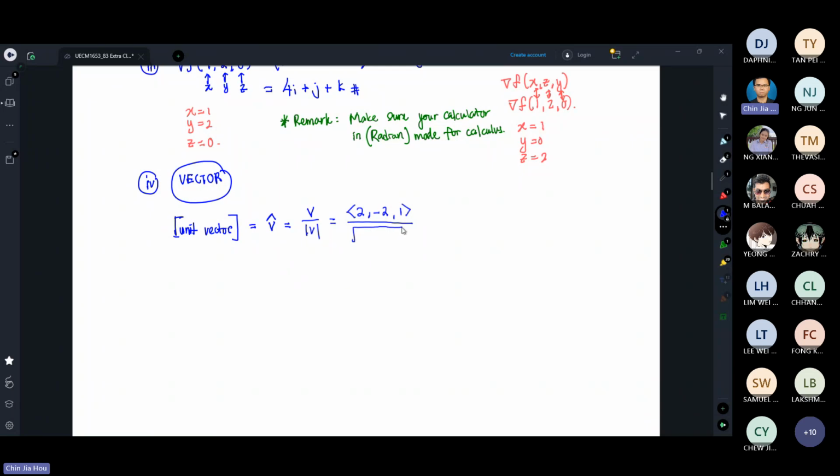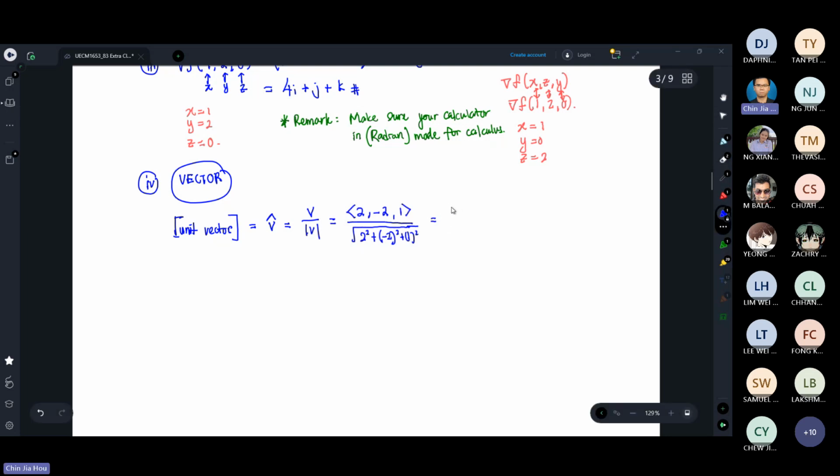It is simply taking the square root of the 2 square plus the -2 square plus 1 square. So you just take the number from the top, bring it down inside the square root, square it, and add with the rest. That's how you find the magnitude. So in the end, you get 1/3, coming from the square root. Inside here we have 9, so the square root of 9 is 3, giving 1/3.